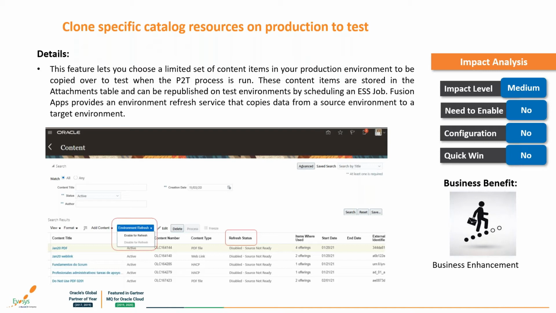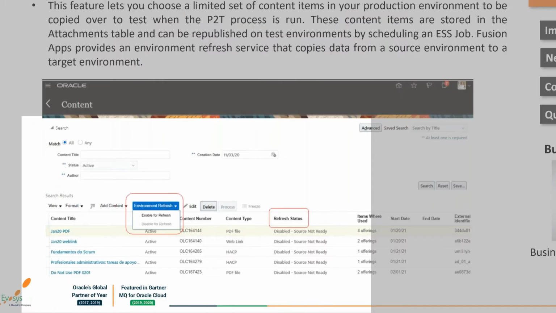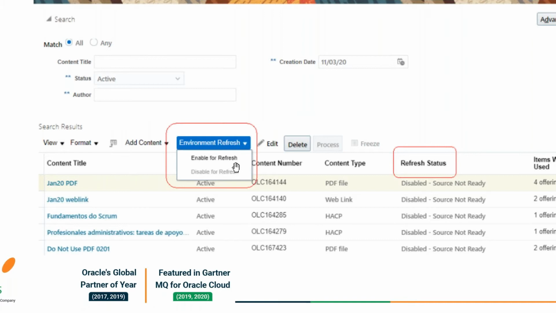We could not specify that for a particular content we don't want P2T. But in 21B, you will get this option, environment refresh, where you have two options: enable for refresh, disable for refresh. So let's say for a particular content, you have selected the environment refresh as enabled for refresh.